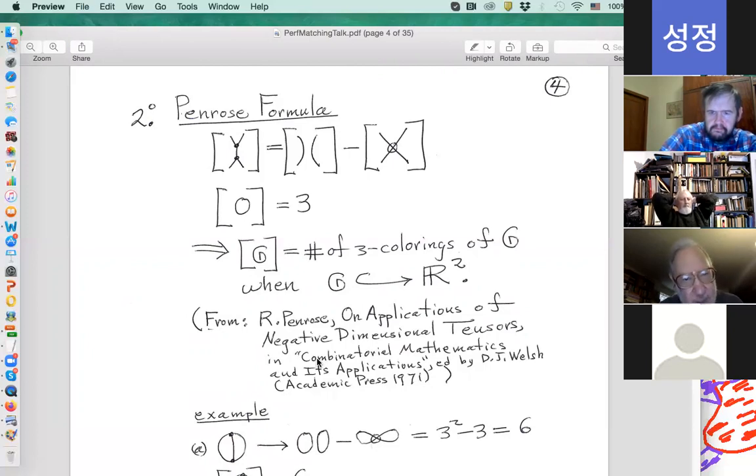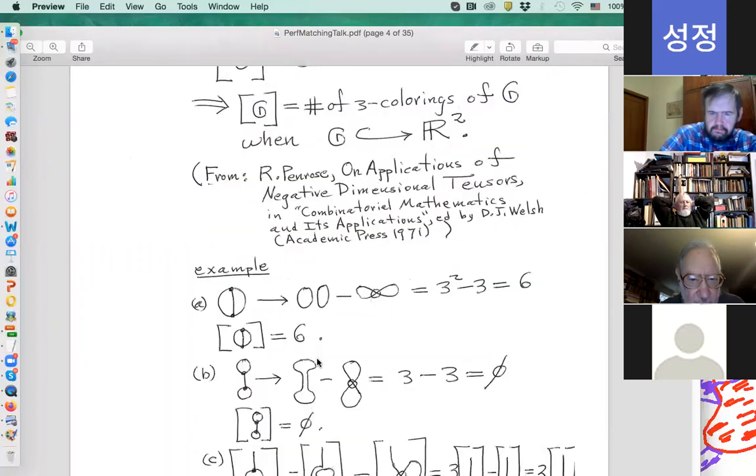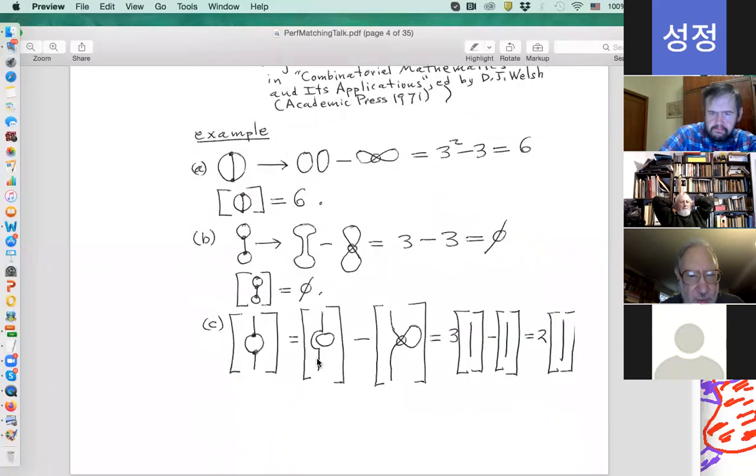Now, I'm going to take the time to prove Penrose's formula and talk about why it works, and then about how different kinds of generalizations arise in relation to it. So first, let's just use it as a rule.